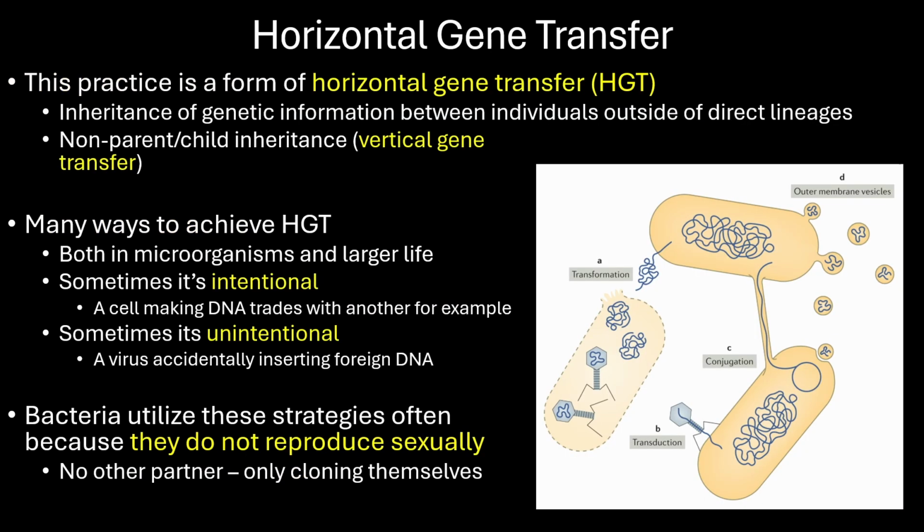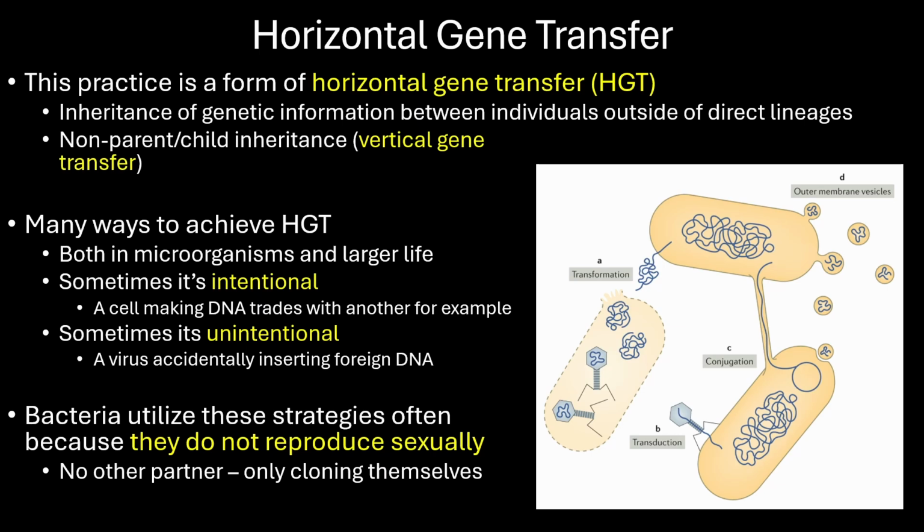This is something that we call horizontal gene transfer, or HGT. This is very different from vertical gene transfer, which is what I was talking about before, like what humans do when you pass your genetics on to your children or you inherited your genetics from your parents. That was vertical, basically moving down in generations.